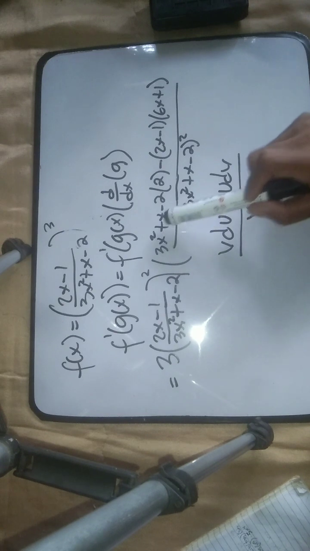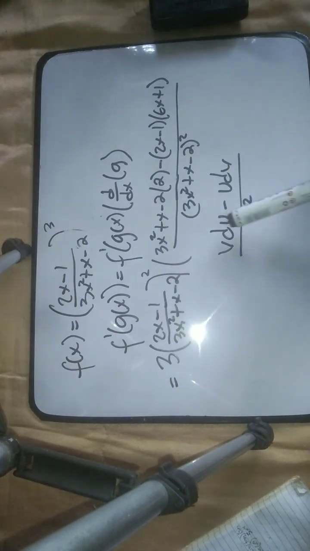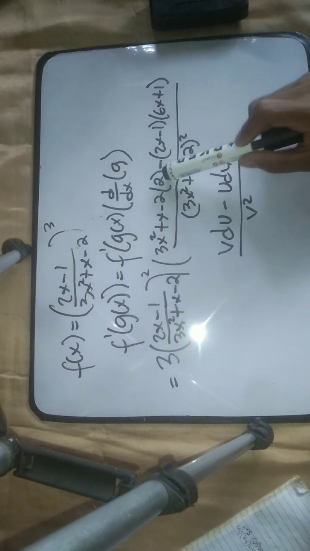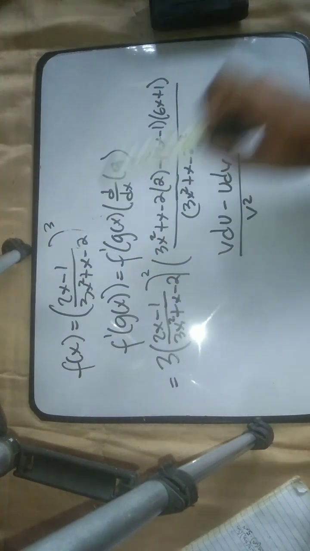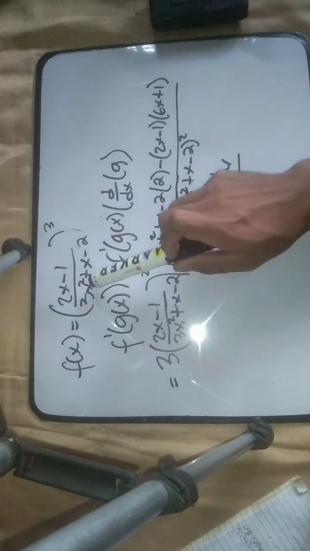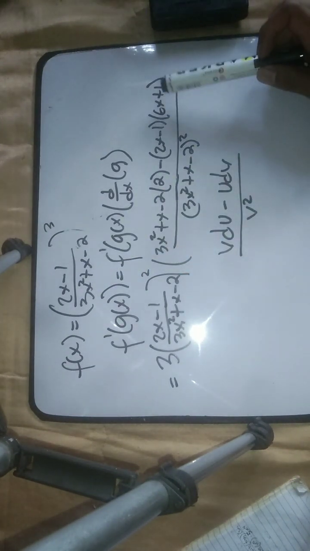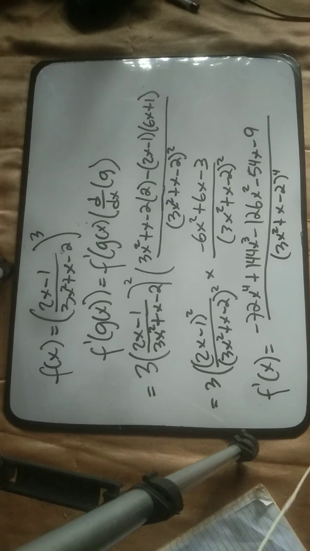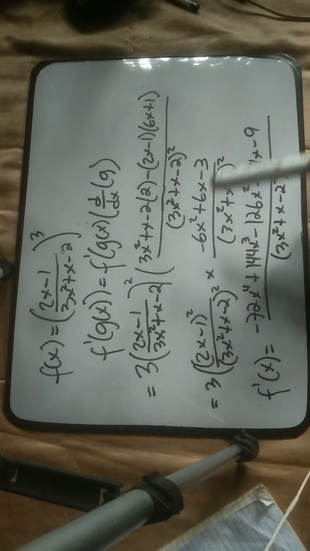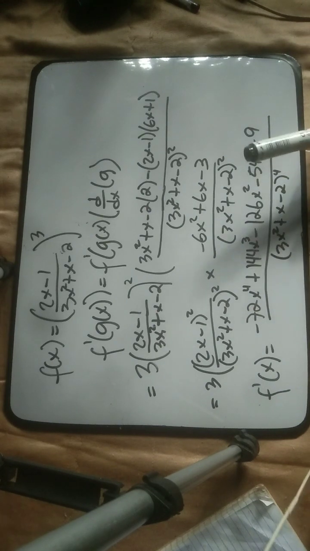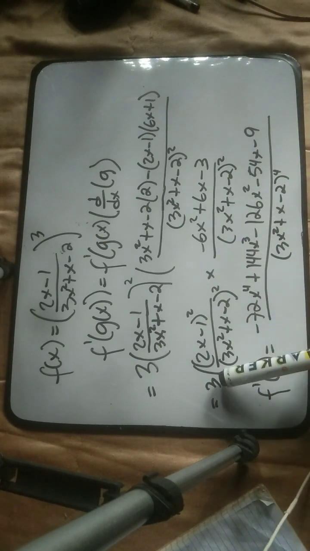So just substitute v. Our v is 3x squared times the derivative of u, 2x minus 1, which is 2, minus u, 2x minus 1, times the derivative of v, 3x squared plus x minus 2, which is 6x plus 1. Then we multiply this value here and here to get our expression and multiply by 3.